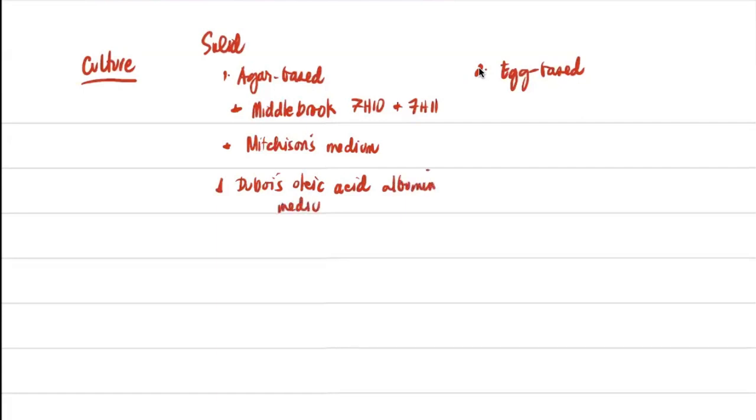Okay, now for the egg base, which is the common one, nandito yung ating LJ bottles, the Lowenstein-Jensen medium. Then we have Petragnani. Then we have the American Thoracic Society medium.